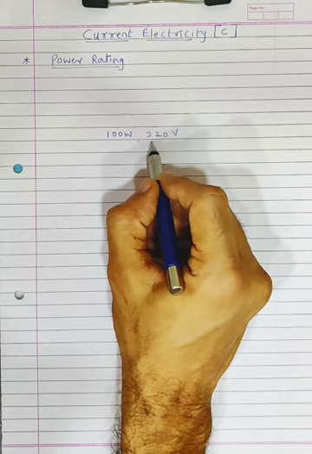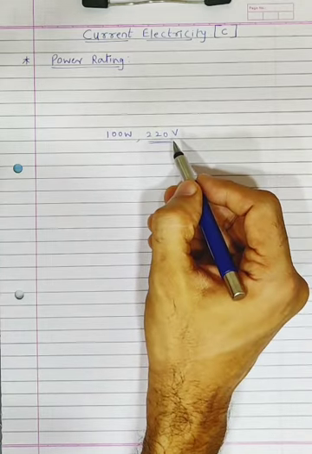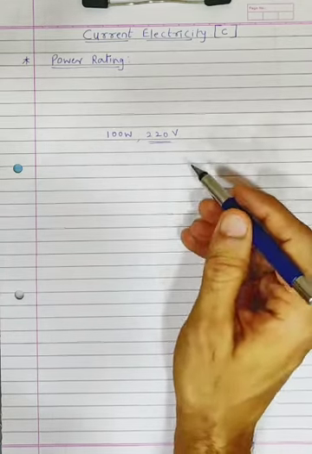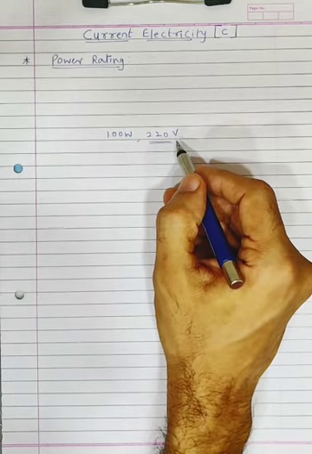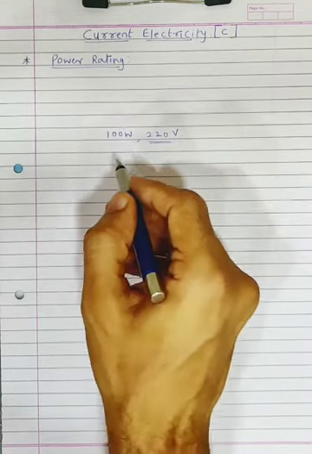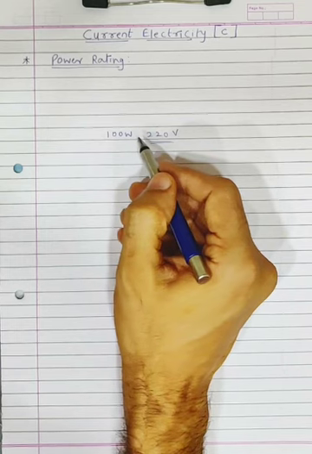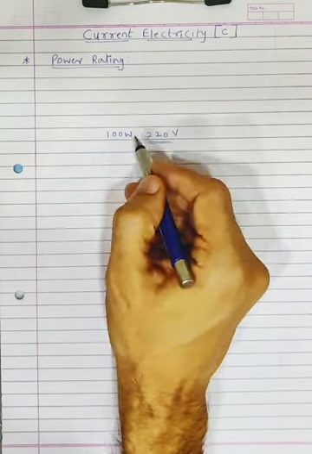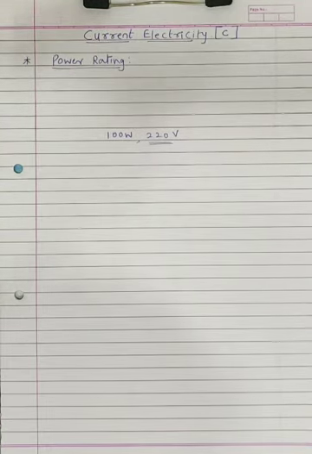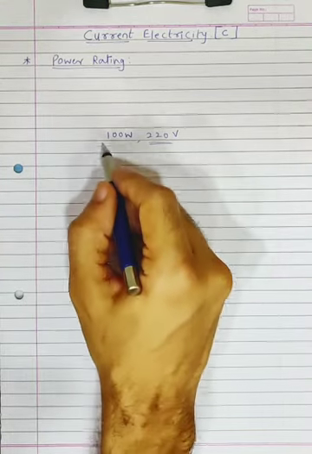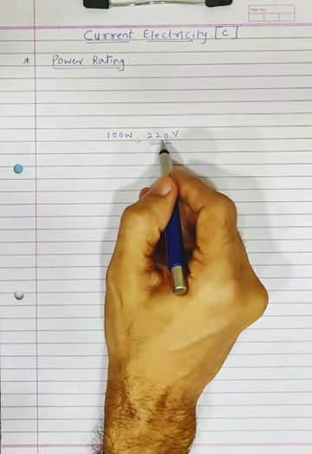It means that this bulb needs a potential difference of 220 volts and its power is 100 watt. So in India, basically the potential difference is 220 volts for all the appliances. So if you want to use any appliance in India, you have to have a potential difference of 220 volts.